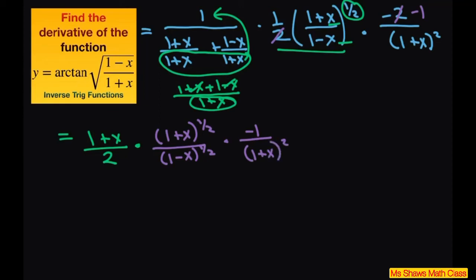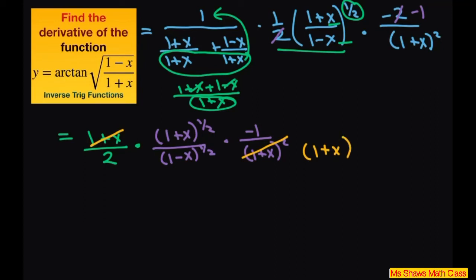Now let's see what we can simplify this to. Looking at this, this is all multiplied, so these two can cancel here. There's 1 there, so we have 1 here. So this is going to just leave me with 1 plus x.